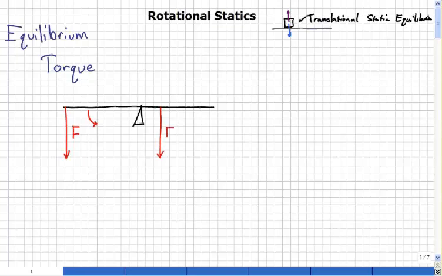So you probably understand that the closer you are to the point of rotation, the less mechanical advantage you have. So the concept of torque takes into account the distance from the center of rotation that the force is applied. But we need to understand that the force must be perpendicular to the radius.